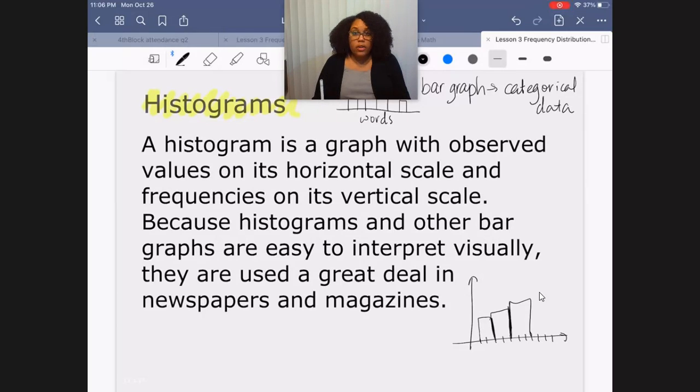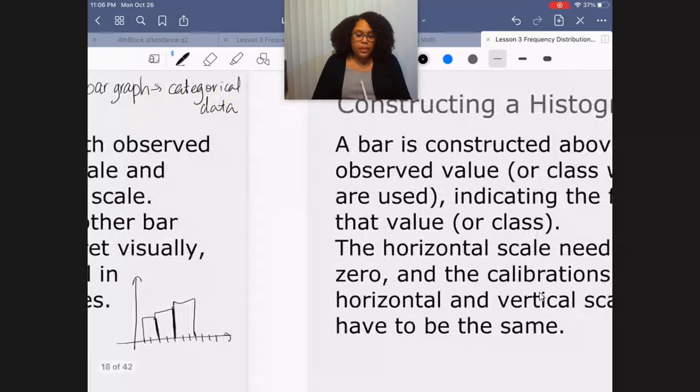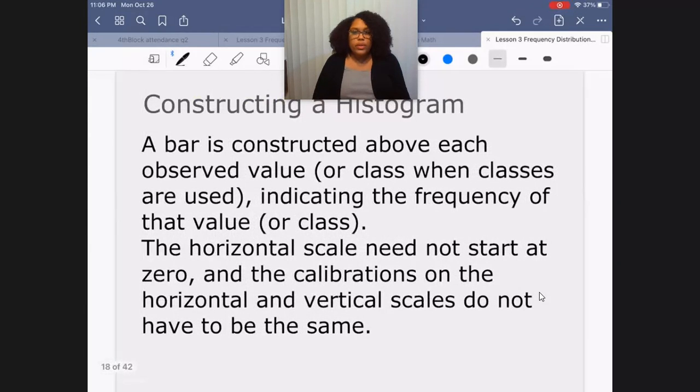And these types of graphs, they're used all over the place. So let's look at how we are going to construct a histogram. We're going to construct this by really the main part, looking at our frequency distribution table and saying, let's use the class limits or the classes that we have to establish our number line on the x-axis.